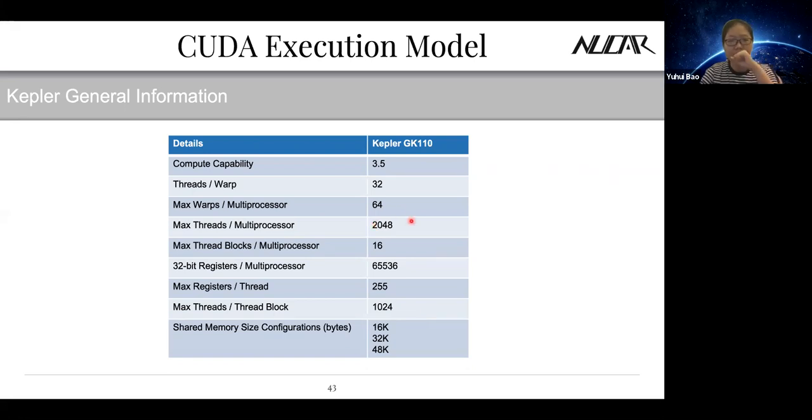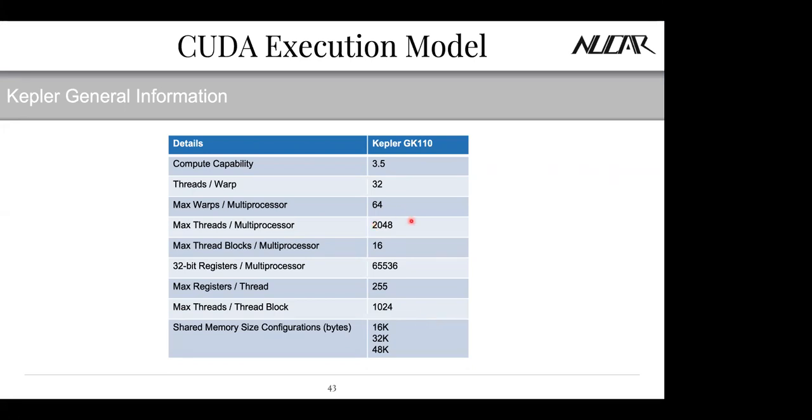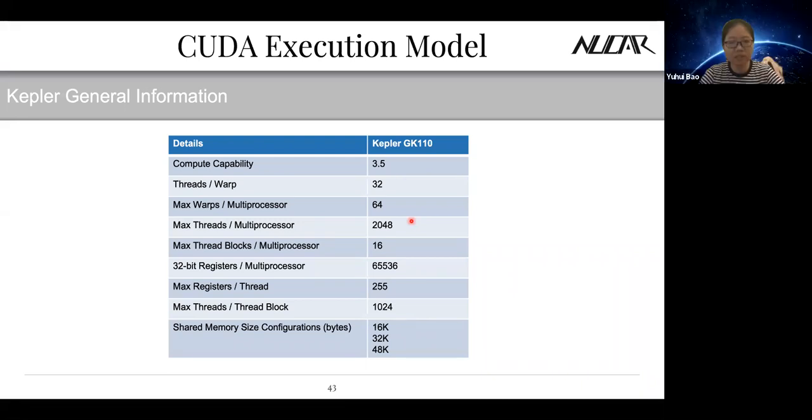You can have the maximum 1024 threads and have multiple blocks. But at the same time, this limits the number of threads actually running in each SM.